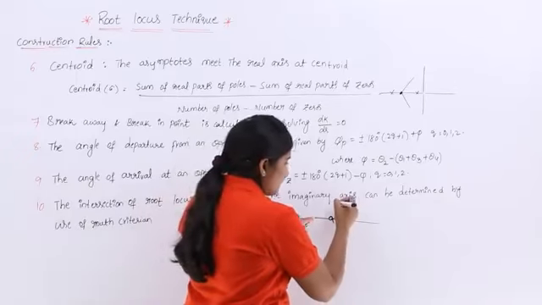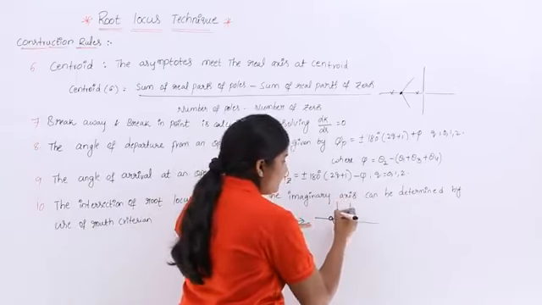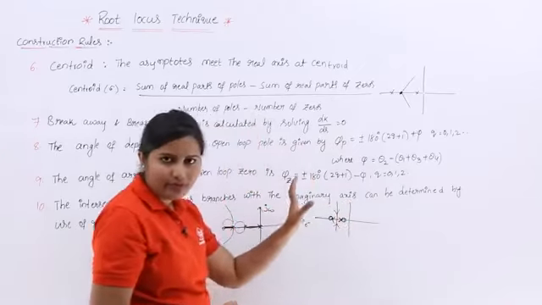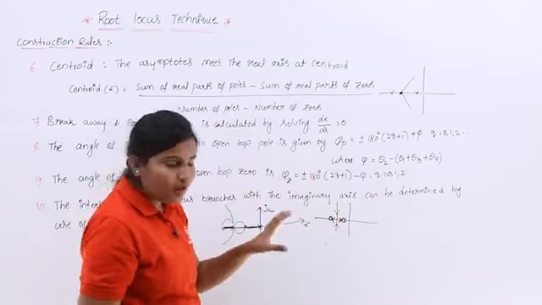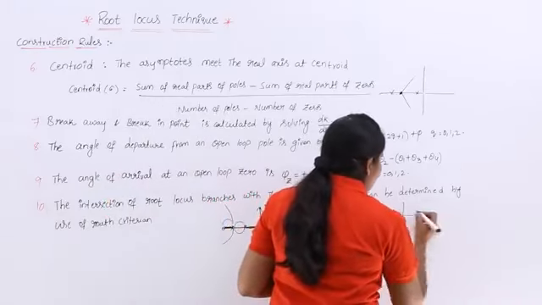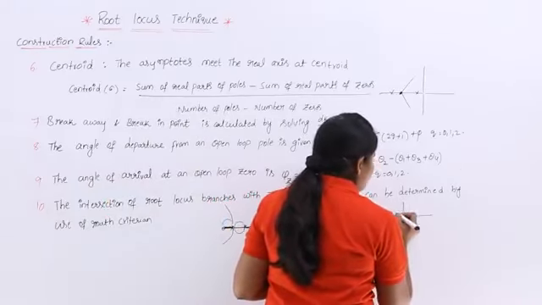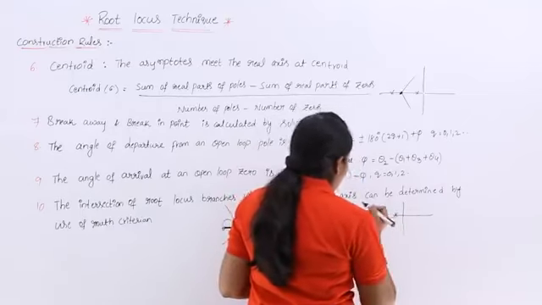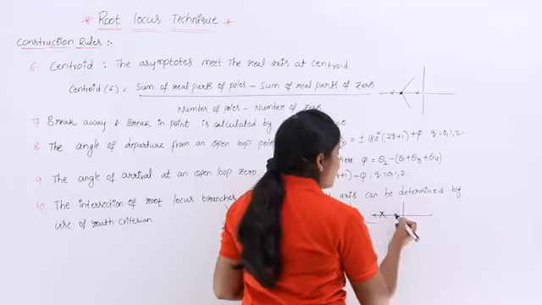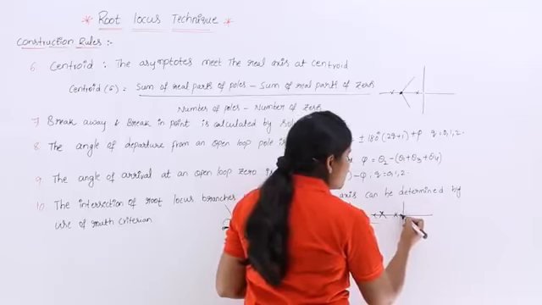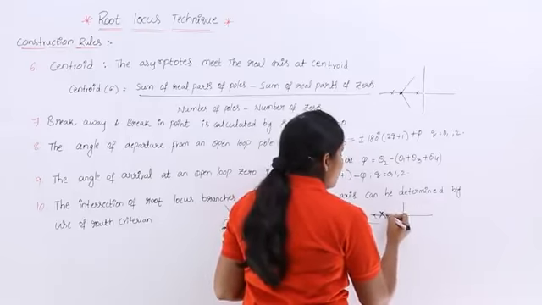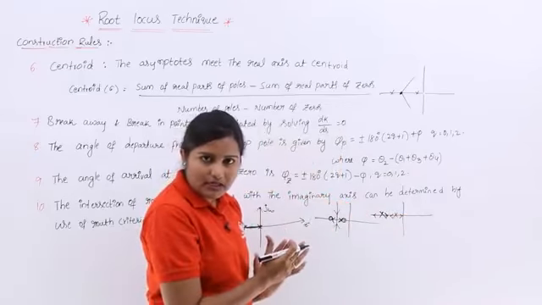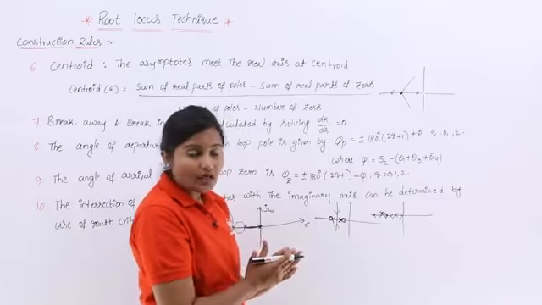To get this incoming arrow, we need to have a break-in point, so like this or like this. Or in case of poles, for example, if you have poles like this, from these poles we need to draw away from the poles, that means like this or like this. So we need to draw the arrow marks away from those poles.